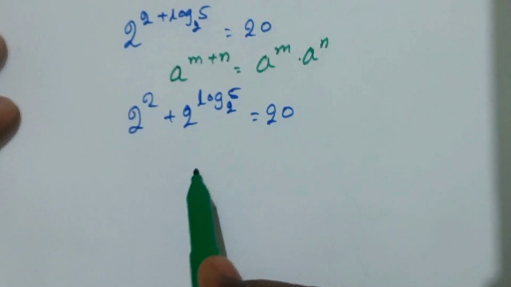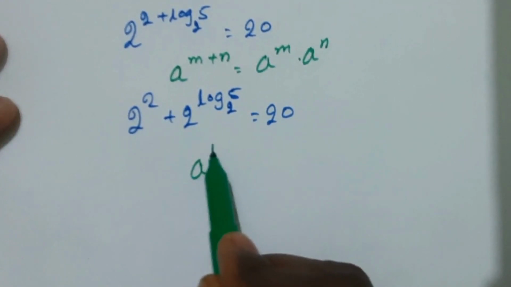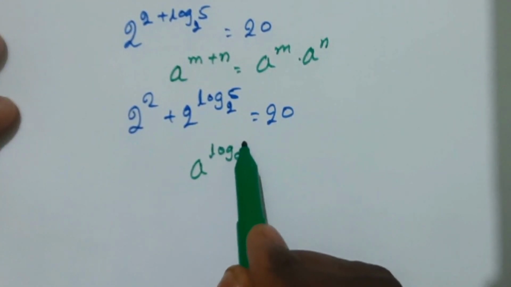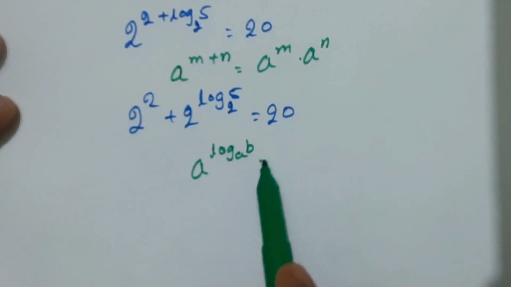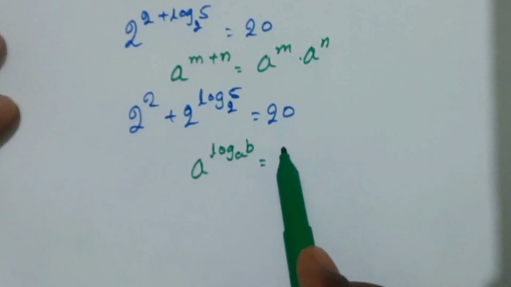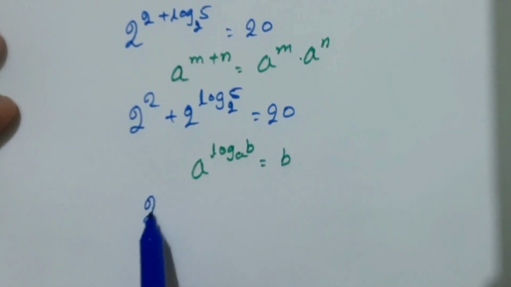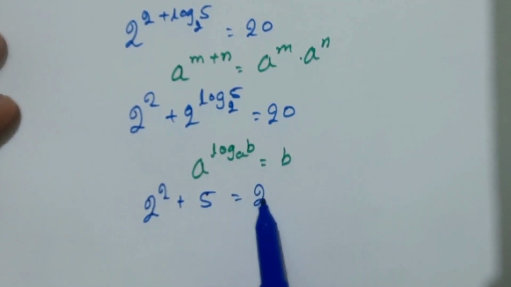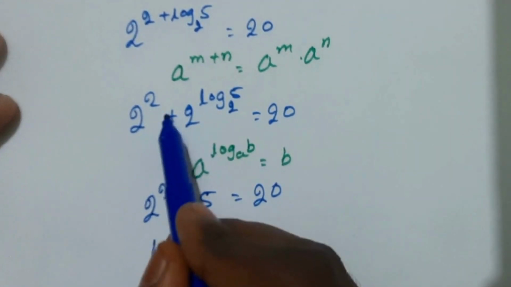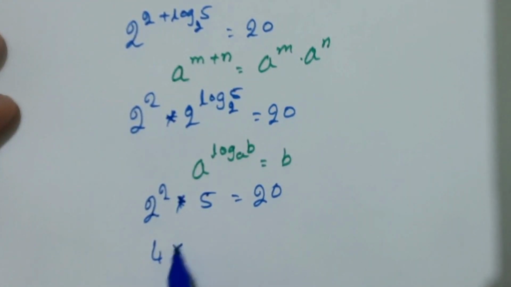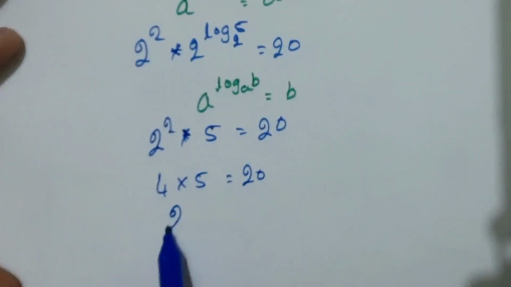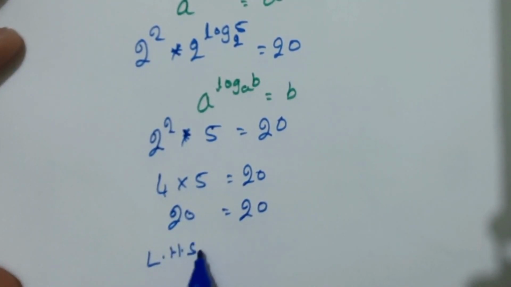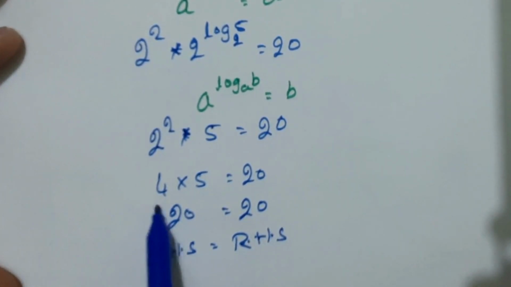We know the formula that a to the power of log b base a equal to b. So 2 to the power of 2 into 5 equal to 20. 4 into 5 equal to 20. So 20 equal to 20. So LHS equals RHS. Thus proved.